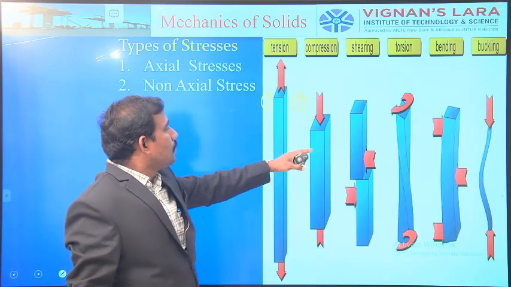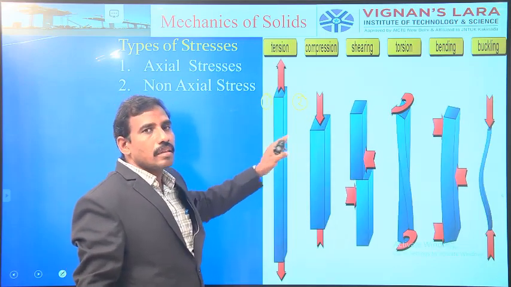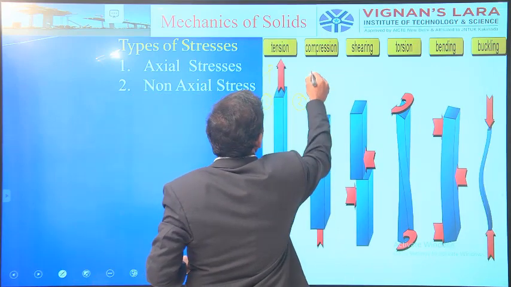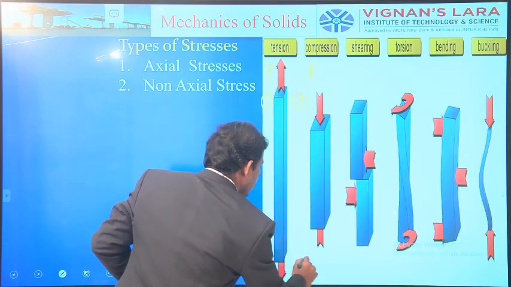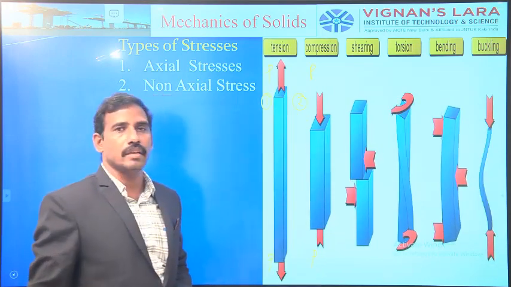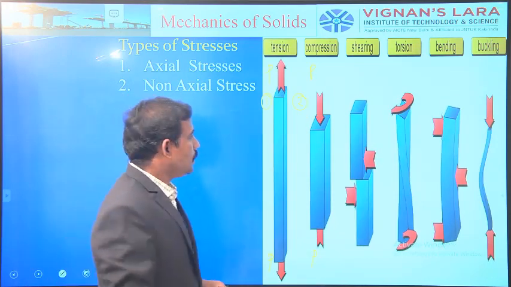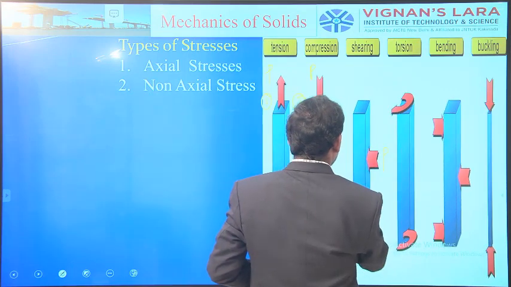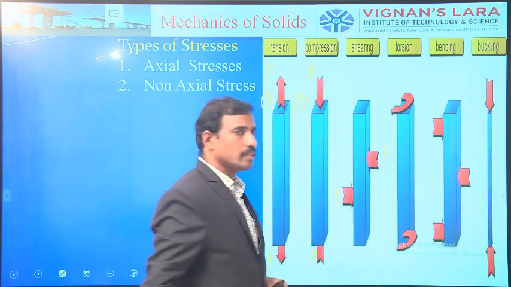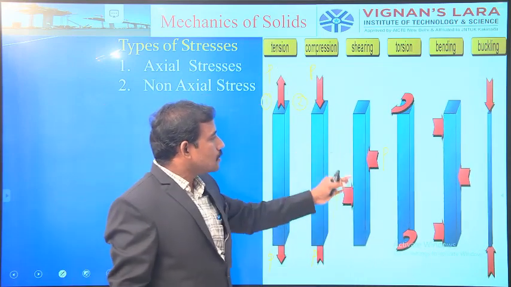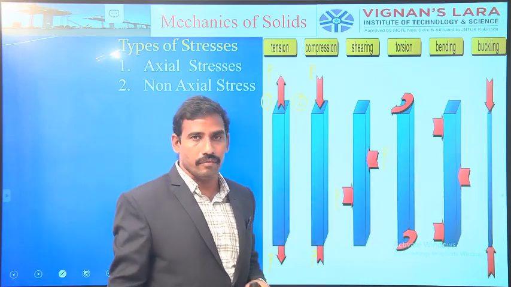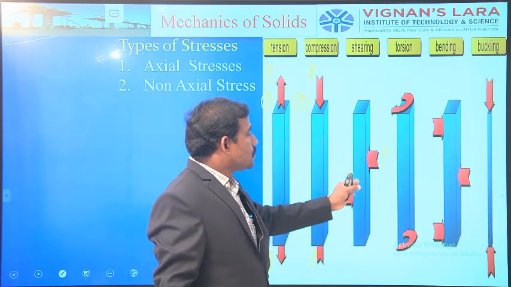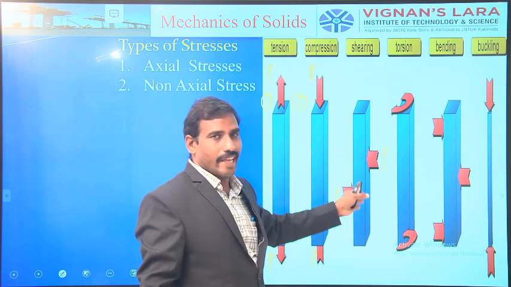These two members are structural members, or the materials are subjected to forces of magnitude P axially or directly. Coming to the second case, this is also a force of magnitude P applied on the same structural member in a different way. So the stress and strain are induced in this member accordingly.